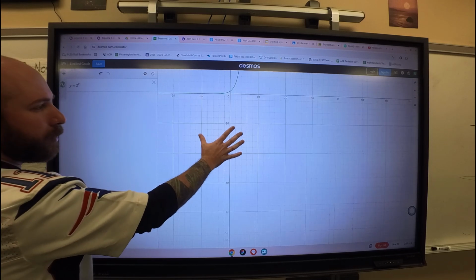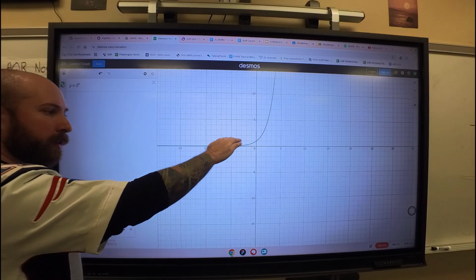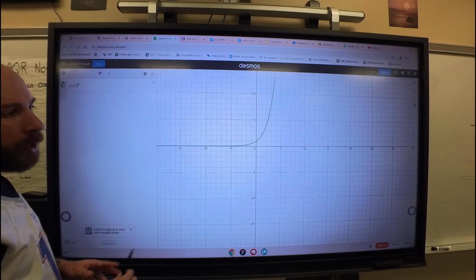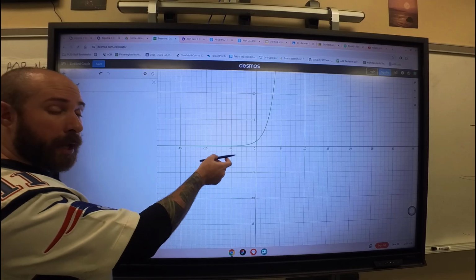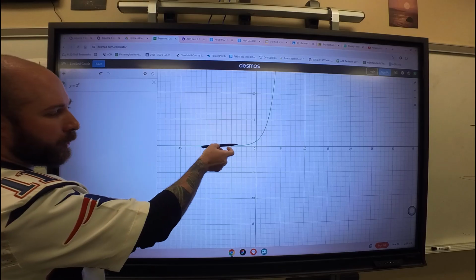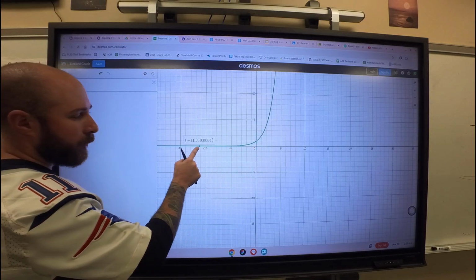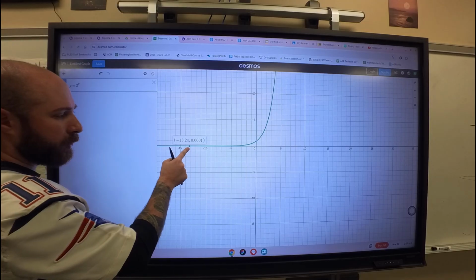Okay? And what we're going to look at is, where does it come down to? Where does it look like it's leveling off to? And for us, we're looking at our y values. We're looking at what y value it is coming down to, and we can see it's when our y value is at 0. We can see it's hovering close to 0.